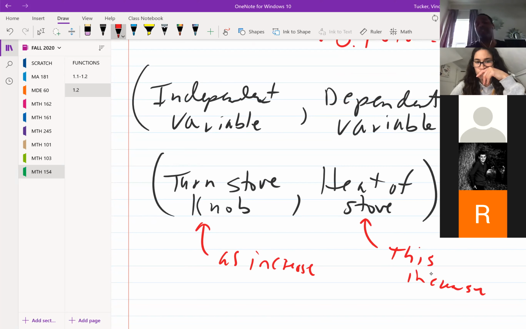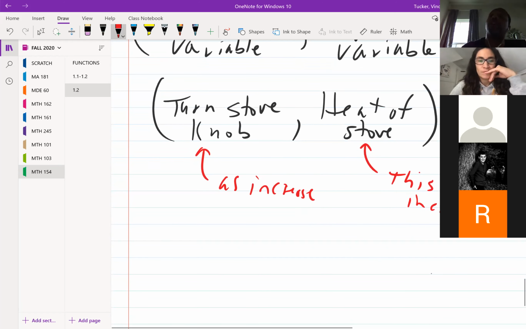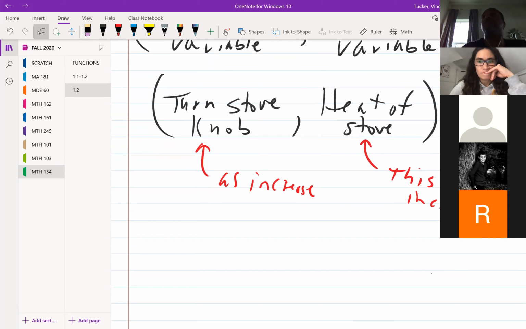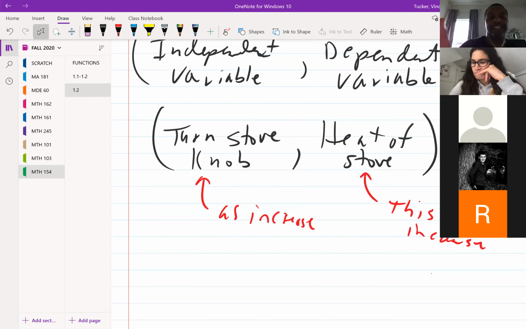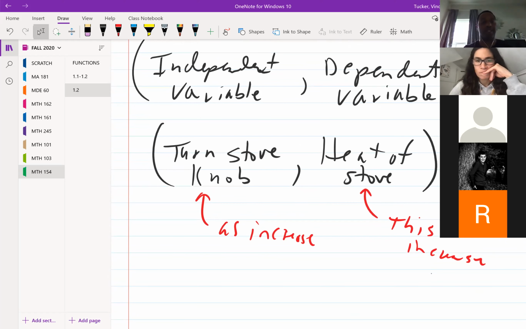We talk about increasing and decreasing. So as I turn the stove knob up, the heat of my stove will go up. Or as I turn it down, the heat of my stove will go down. Now, all of them are not going to be increase. Some of them are decrease as well. Anyway, let's just go back to the example. I'm making that stuff off the top of my head. But questions on what we're gonna do before we go back to the example.